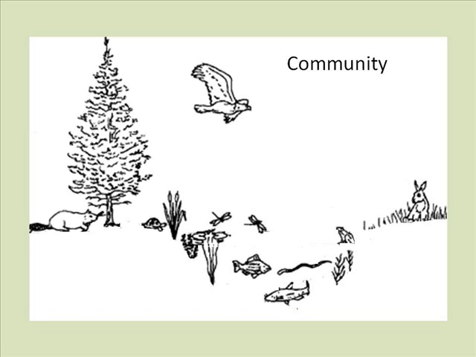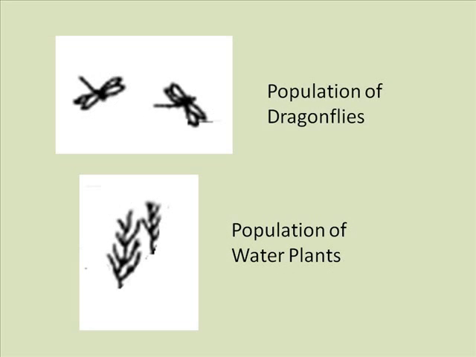I have the beaver, the turtles, the fish, the frogs, the dragonflies, the plants, and even a little bunny rabbit over in the grass. And I could break it down to populations if I look at just one specific living thing. I can talk about the population of dragonflies or the population of a certain type of water plant.